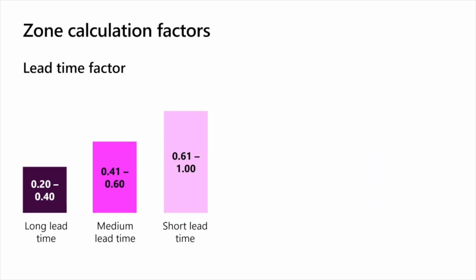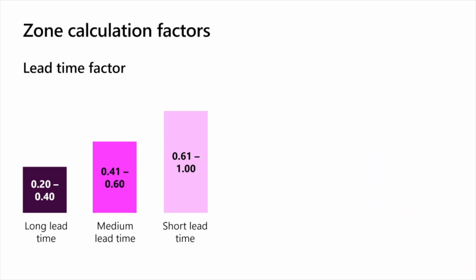Then, there are 2 factors in the setup of our buffers that can be used to define how big the red and the green zones should be. The first factor is the lead time factor.